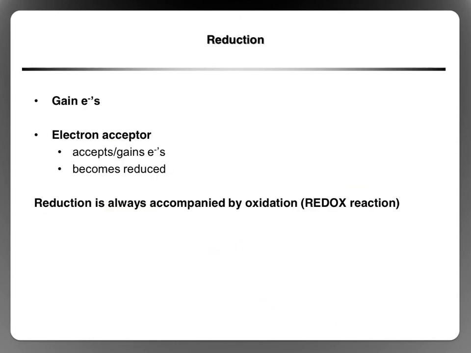To summarize, when something is reduced, it gains or accepts electrons. And remember that the hydrogens also come along. So we will say that the electron acceptor accepts or gains electrons and becomes reduced.